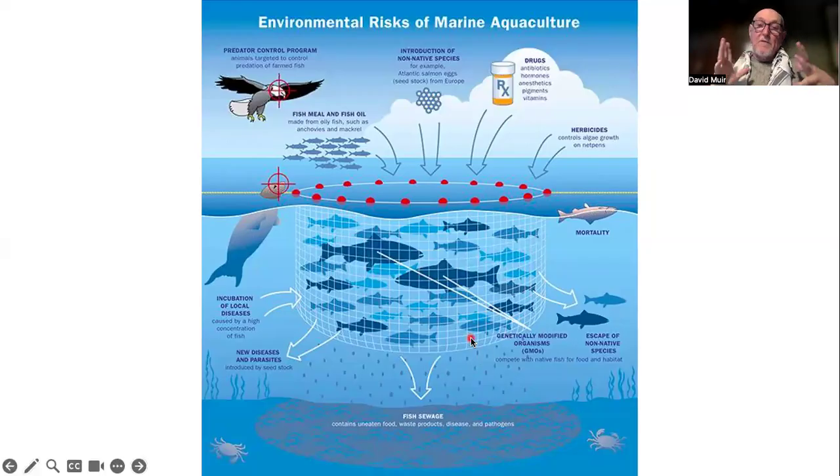And one of the things to think about is that what we're doing in these systems is we're actually setting up a monoculture. You'll remember all the problems we talked about with monocultures in plant farming before. The same kind of ideas apply here. If you've got one group of organisms which are all closely genetically related and you're growing them, they are ripe for disease.